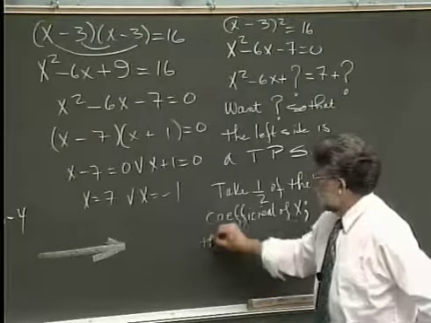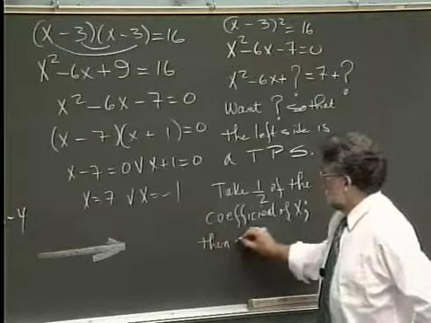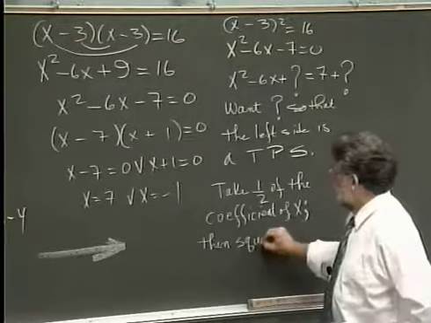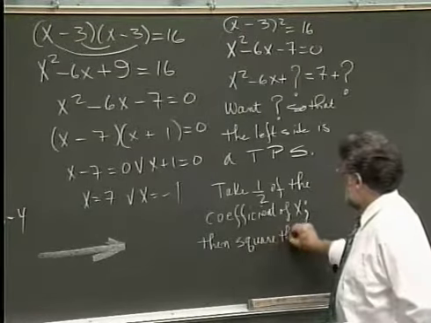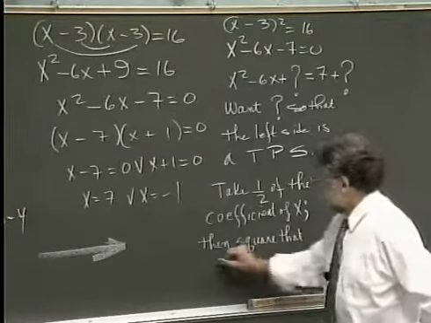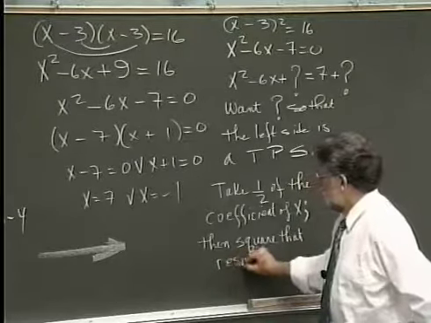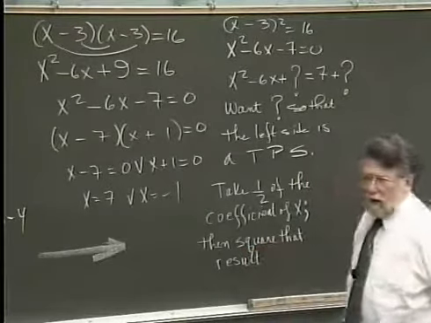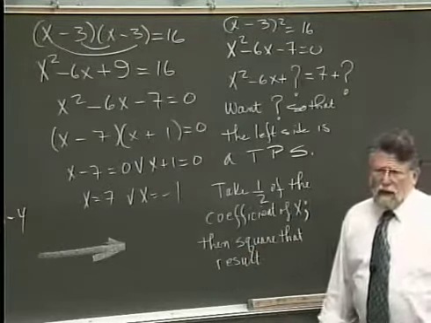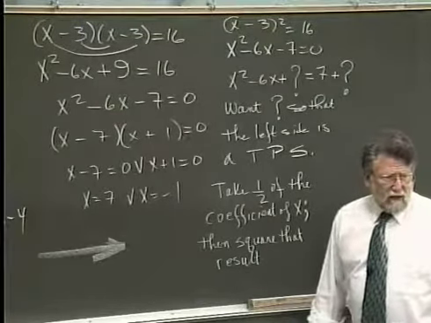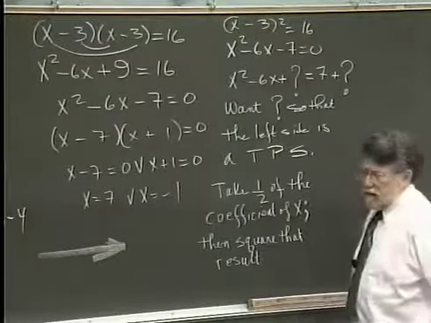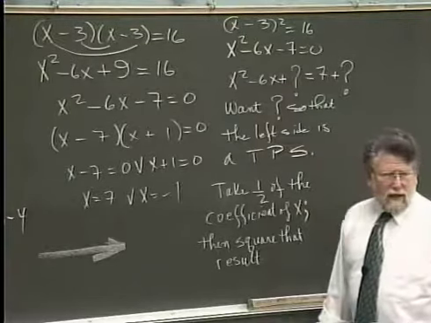Then square that result. Okay, so 1/2 of the coefficient is -3, and square that, and I get 9.